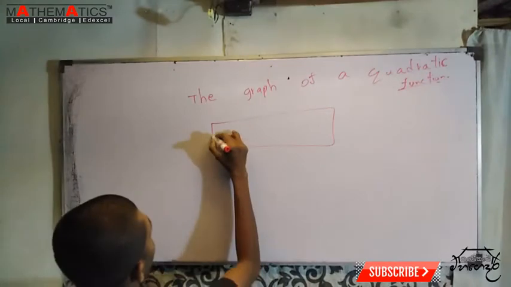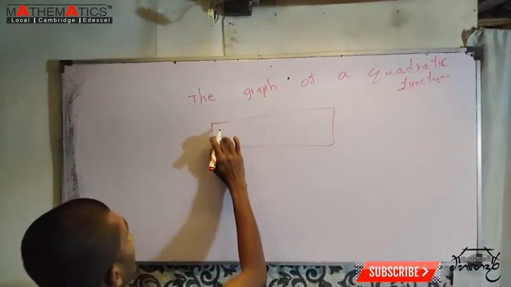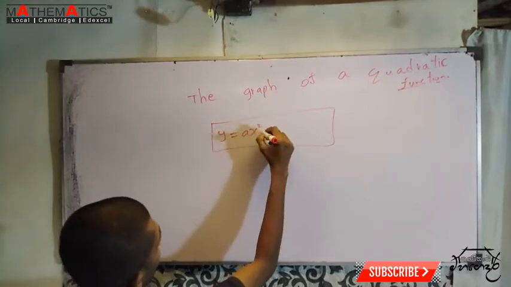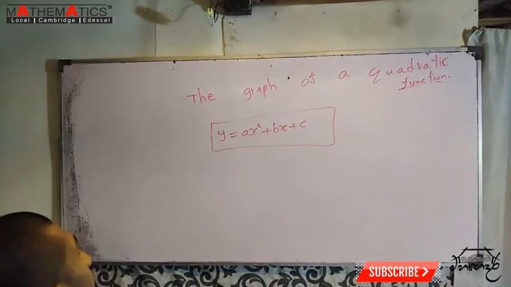What is a quadratic function? I will explain it. The formula model of this curved graph type should be y = ax^2 + bx + c. This is the model we get for the graph of a quadratic function.